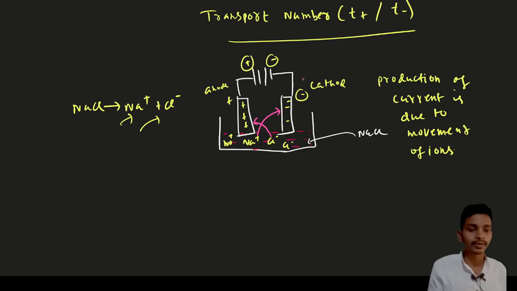While these ions move to their respective electrodes, due to this movement of ions, current will generate.